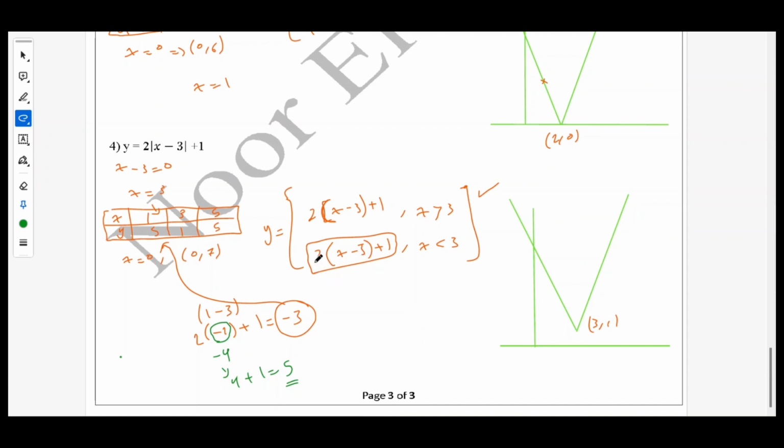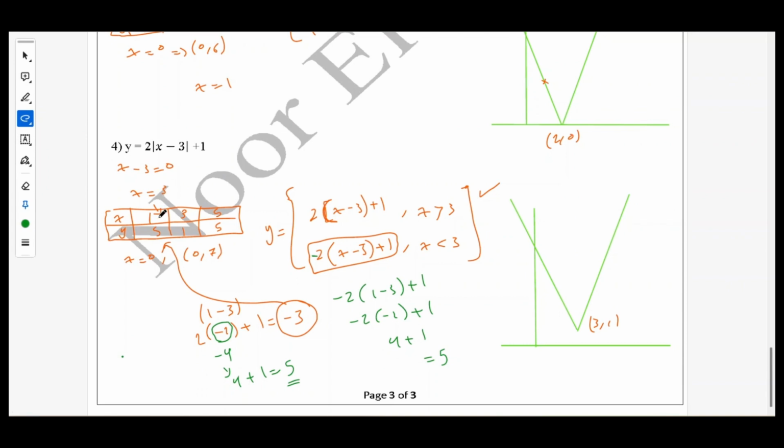So instead, it will be negative 2, because a negative by negative will give me positive. Let's check. Negative 2, 1 minus 3 plus 1. Negative 2 by negative 2 plus 1. 4 plus 1 will be 5.